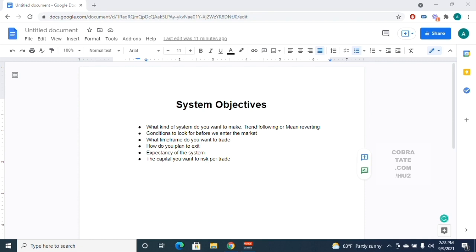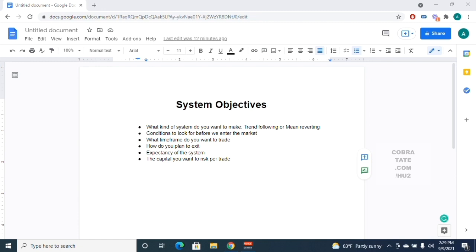So once you know how much capital you want to risk per trade, you will be able to decide your position size. You already have the buy-in price set, the stop set, and your risk set. So it will be easy to size accordingly and then take it trade after trade, just do it automatically without ever having to think how much the position should be and other questions like that.